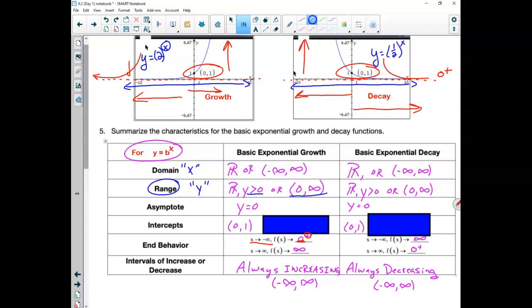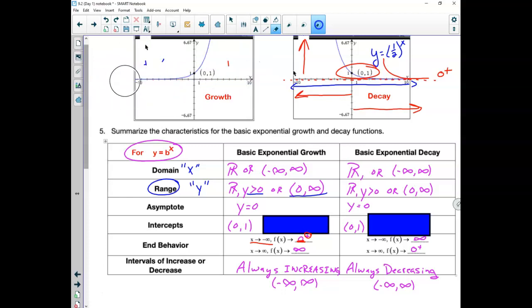Intervals of increase and decrease. If I look at my growth function, as I'm coming across, it doesn't look like it's doing much here, but it's slowly creeping, and then all of a sudden it hits a spot, and boom, it shoots up. Just like as we were doubling our penny, went from 1 penny to 2 pennies to 4 pennies to 8 pennies to 16 pennies.